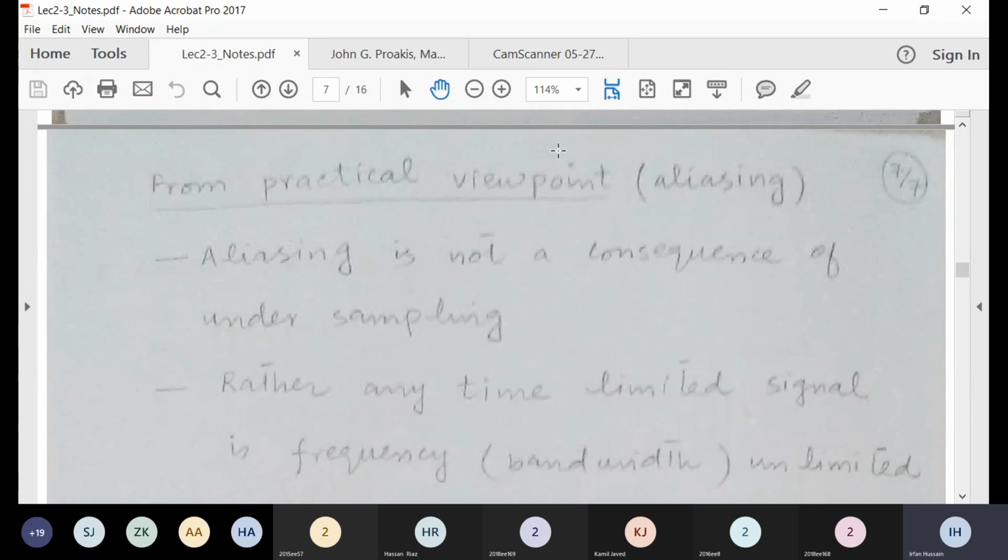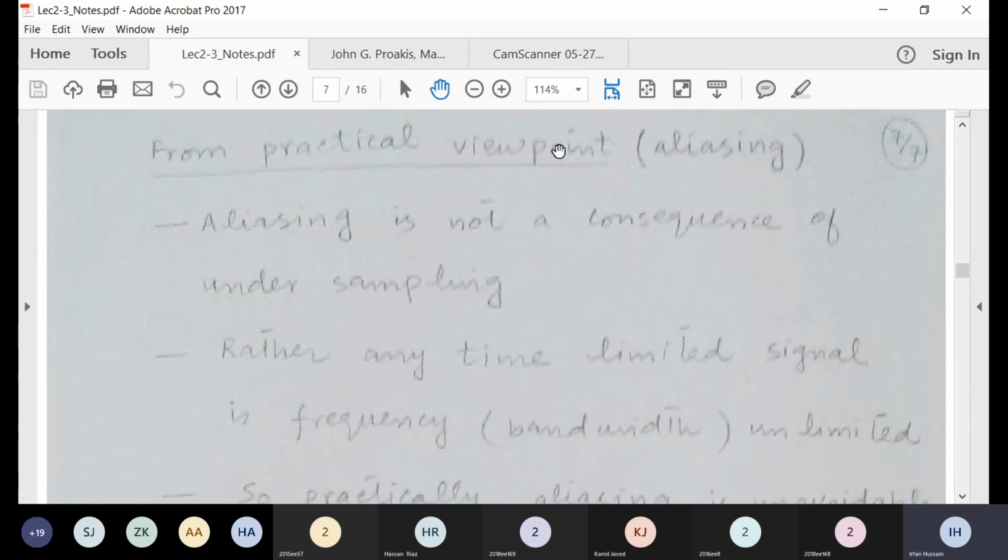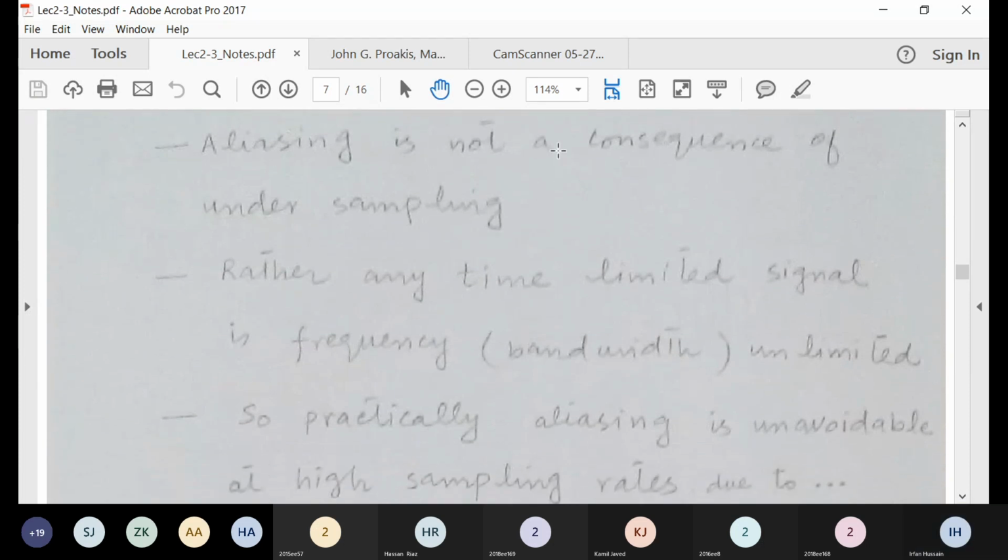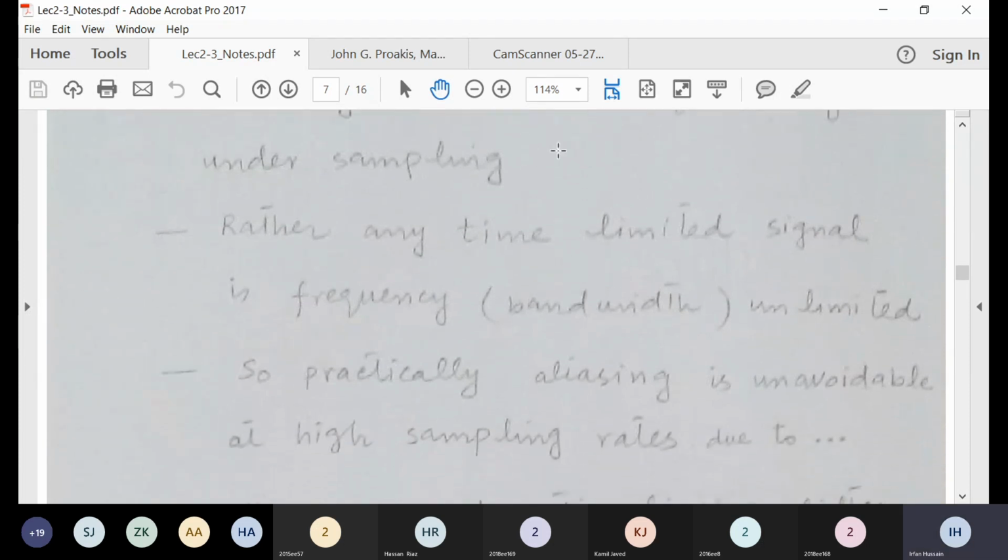But practically it is not, because remember that the signals that we deal with in practice are time limited, and that is why they are frequency unlimited. Once you time limit the signal, you have all the frequency components, as you have seen in a rect, which has a sinc with almost all the frequency components.